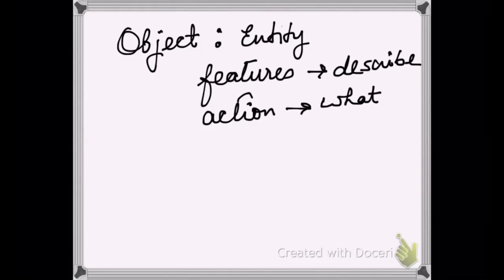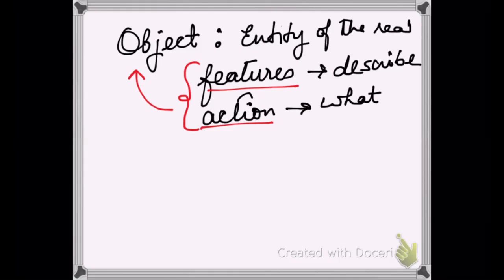So we have features and we have actions. Together the features and the actions describe an object. So an object is a real world entity, and it is described by features, and it can perform some action. Let us look at this with an example.